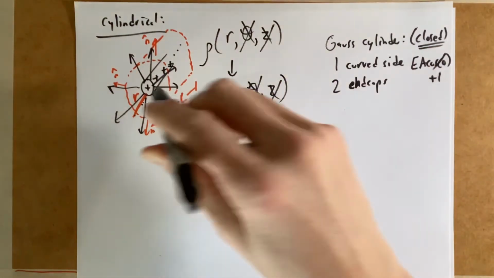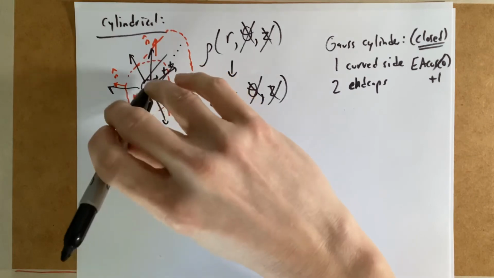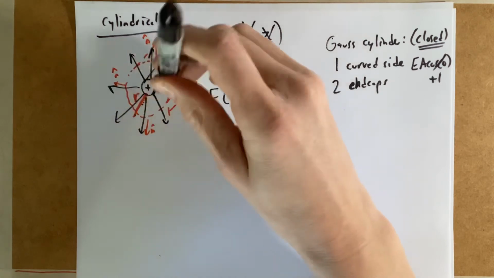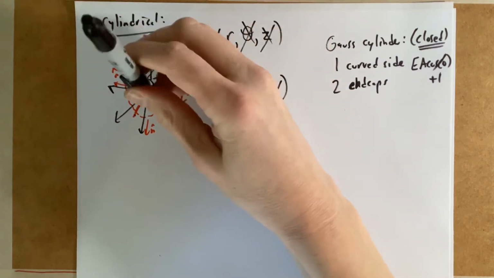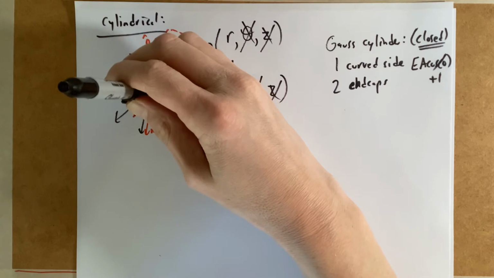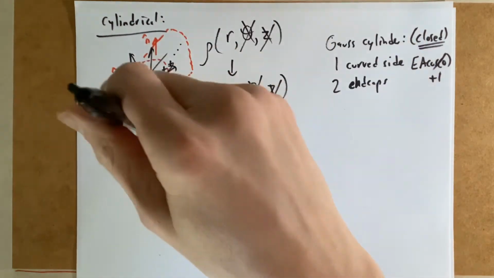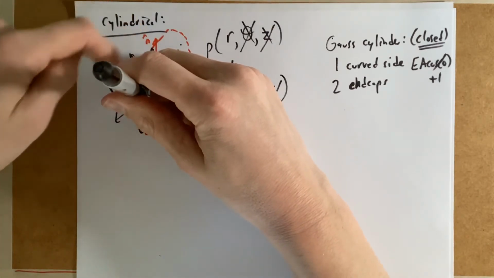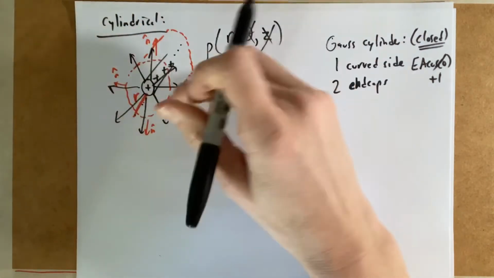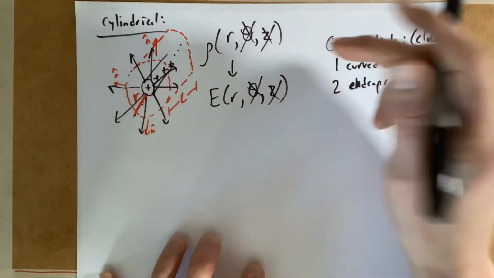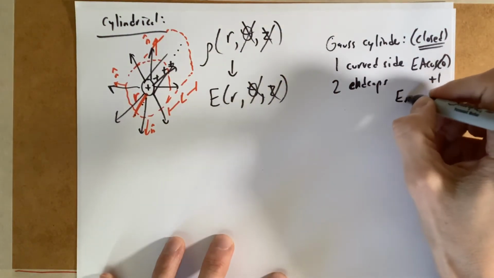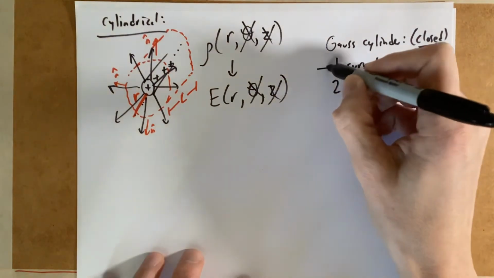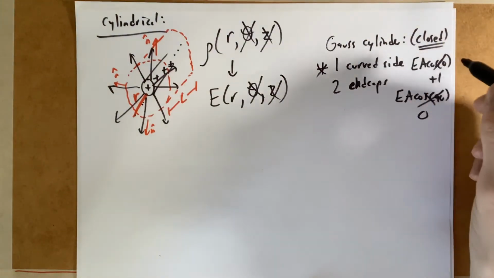The end caps are kind of clever: the normals to the end caps stick out of the page on the front side and into the page on the back side. No matter which field arrow we're on, those are perpendicular to the field. So for the two end caps, it'll be EA cosine of 90, which is 0. In fact, all of our flux is going to come from the curved side.